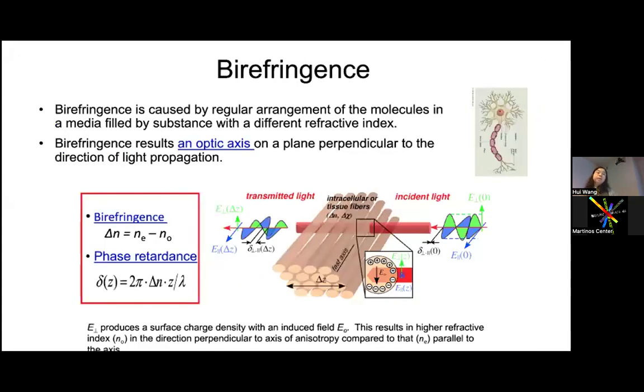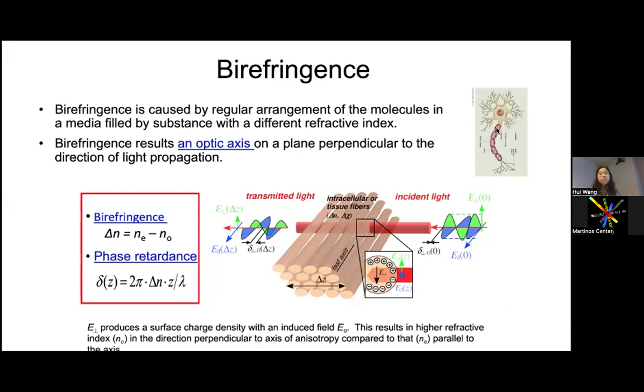So we take another step down to use another optical property called birefringence. It's an intrinsic optical property again. It's caused by a regular arrangement of molecules in anisotropic structures. So think about the brain, a neuron that has an axon and is surrounded by myelinated fibers, by myelin sheaths.